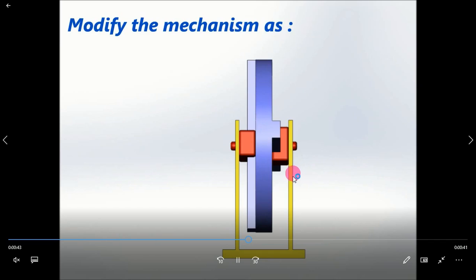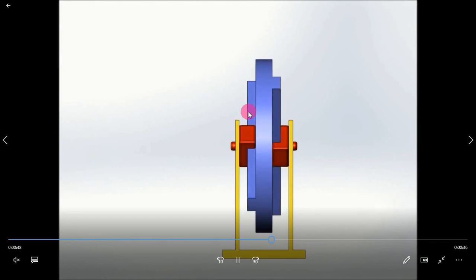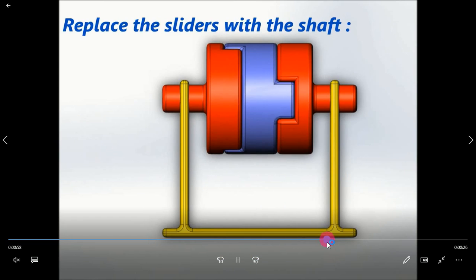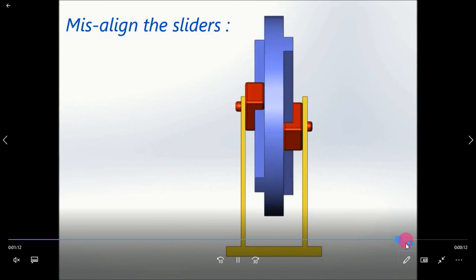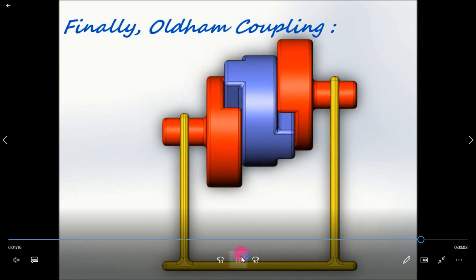After that you can see this is slider A and this is slider B, and these are the couplings. Again I do the modification in such a way that this is also one shaft, and one more shaft. So finally after modification, this will be the final result.